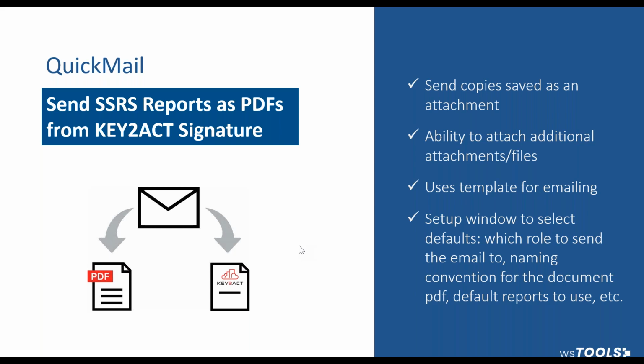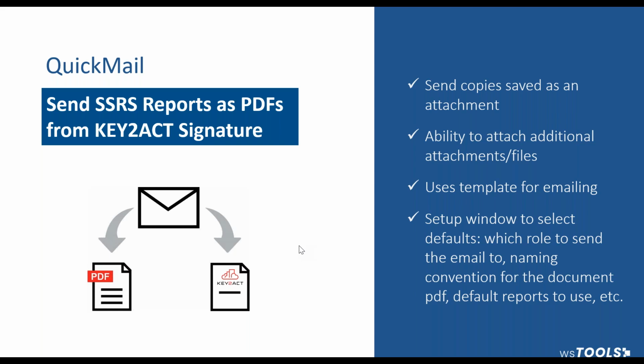Based on your settings, it will bring in all the information from a template: who you are emailing, all the dollar amounts, and it'll attach your invoices based on the naming system that you determine in Setup, and off it goes. You won't have to print it out, put it in an envelope, or save it to a PDF locally and send that email afterwards as a second step. So we'll walk through all of that today in a demo.